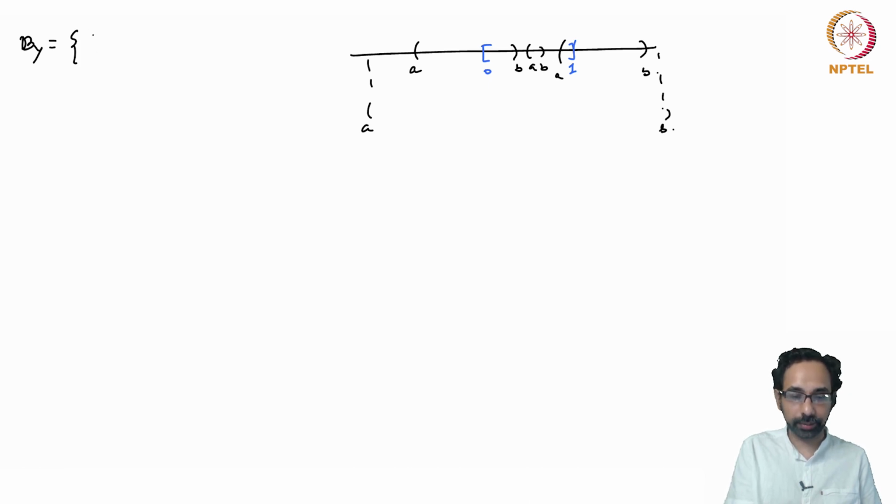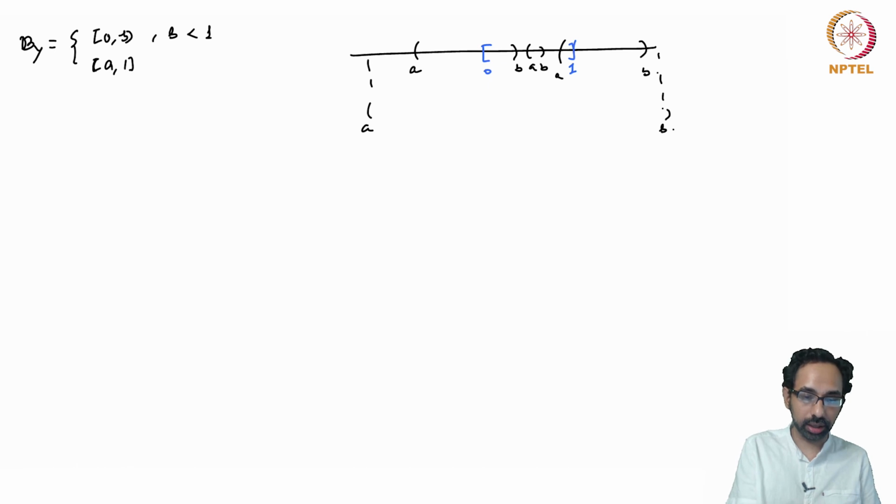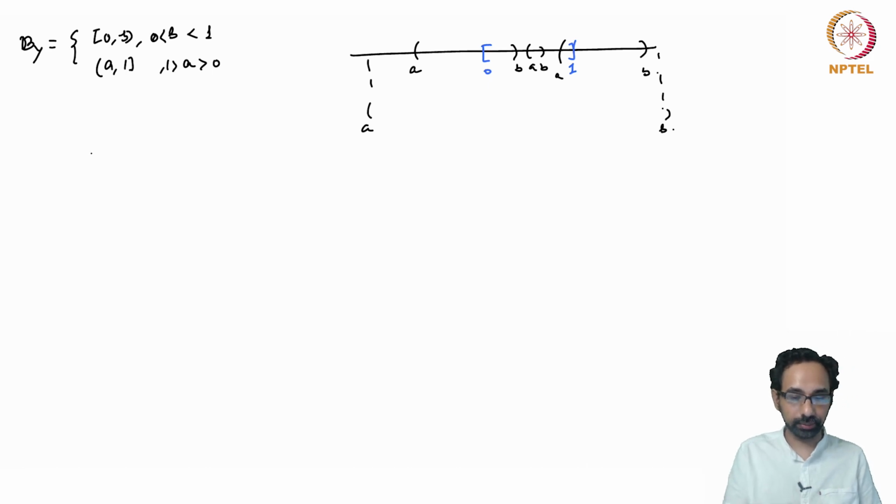So either you have [0, b) with b less than 1, then you have (a, 1], so at the endpoint a it should be open, with a greater than 0, and of course here b is greater than 0, and here a is less than 1.